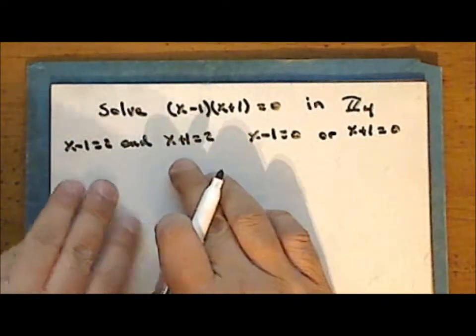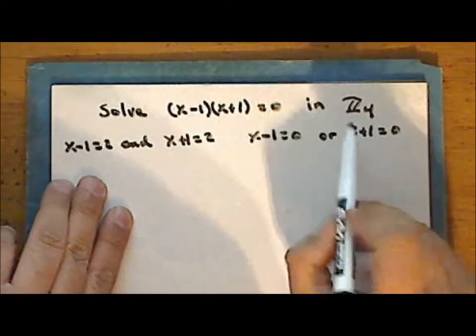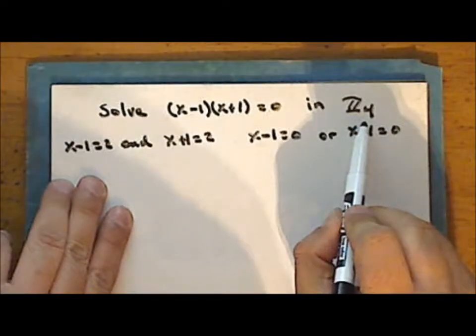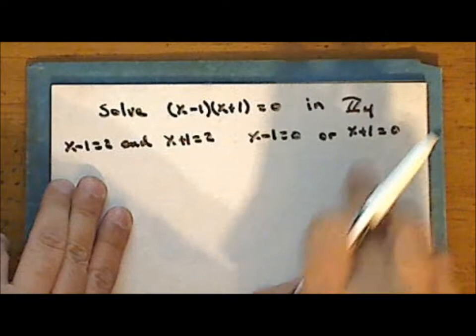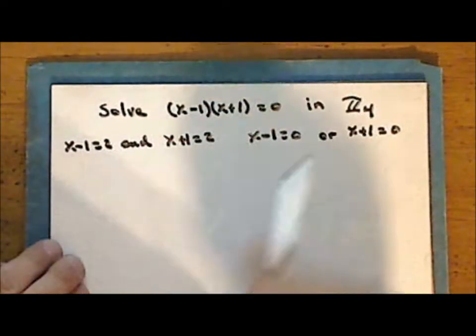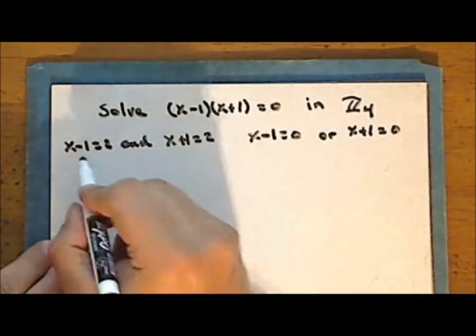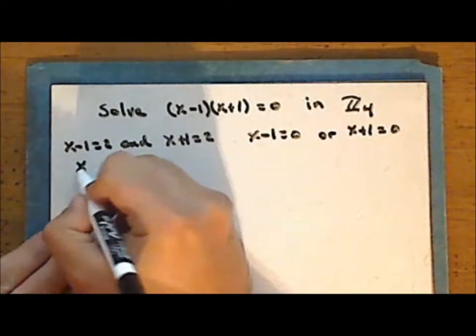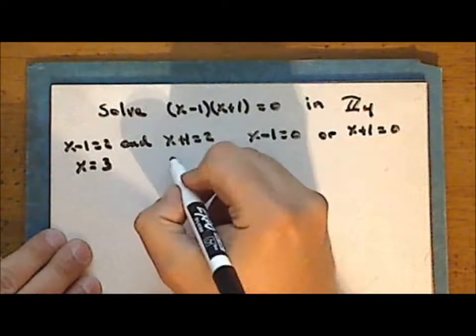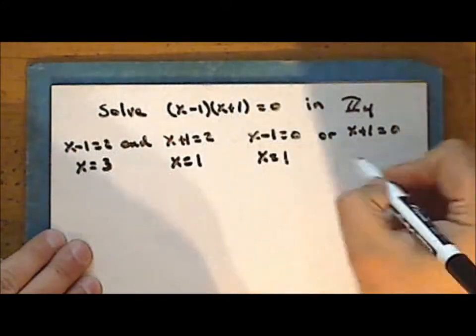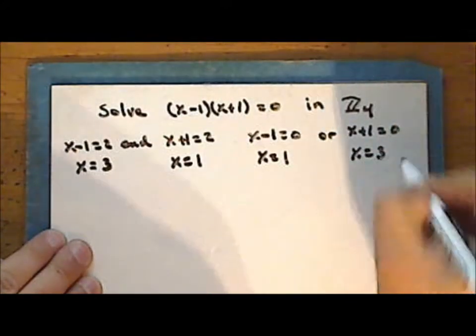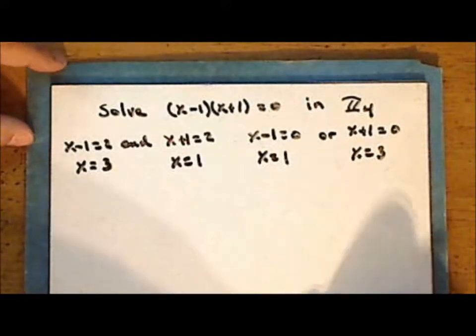Now we have linear equations in the group of integers modulo 4 under addition modulo 4, and so each linear equation has a unique solution in the set of integers modulo 4. And so if we now proceed to solve, we have x equals 3, x equals 1, x equals 1, x equals 3.